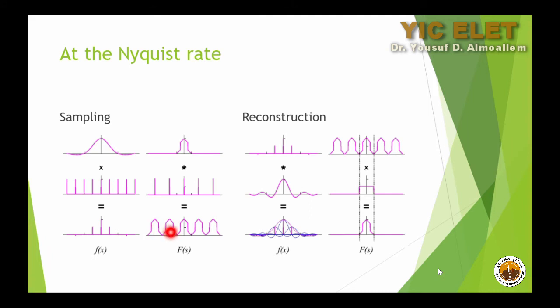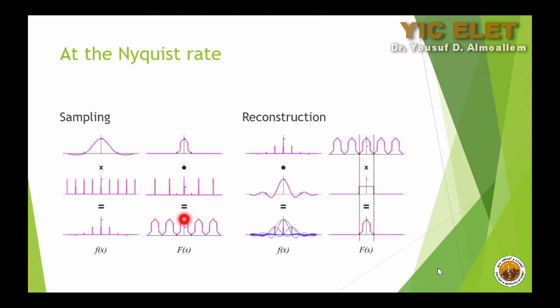In fact, we need to keep noticing that from 0 till here is the maximum frequency in the signal. This is called FM, the maximum frequency. So the width from one side to the other side is 2 FM.